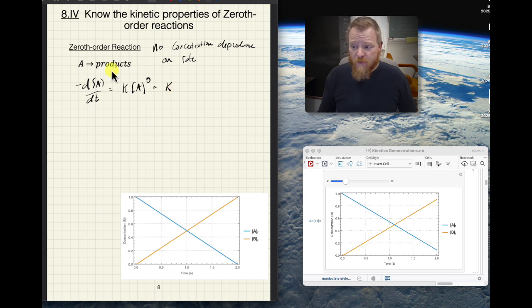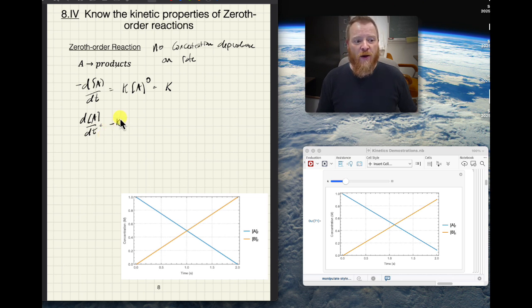Okay. So doing some algebraic rearrangement, we typically are going to start seeing these things written with the negative or the positive sign on the other side of the equation to set the rate to a positive quantity.